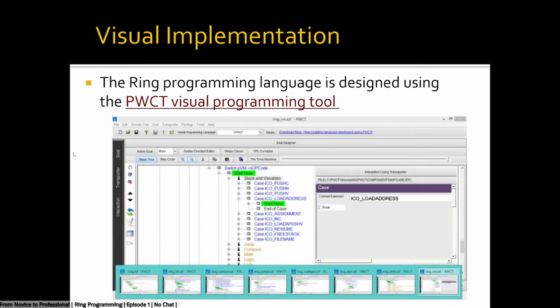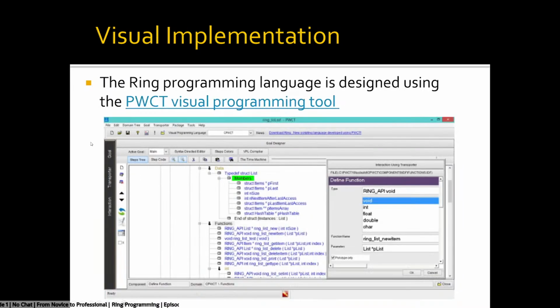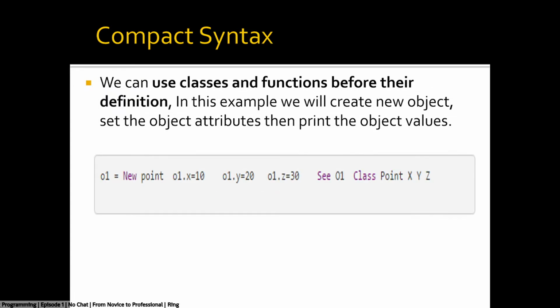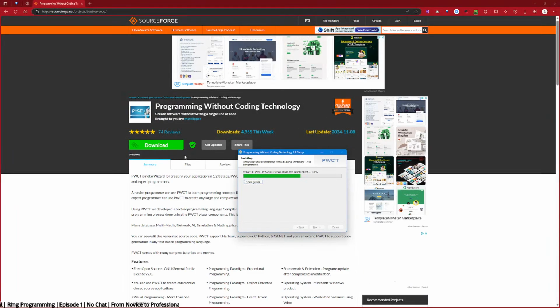Okay, so we'll look at that later, but that's really interesting. So it was built with yet another tool. The language is not line sensitive. A lot of this is going to be redundant, I guess. So maybe I shouldn't.